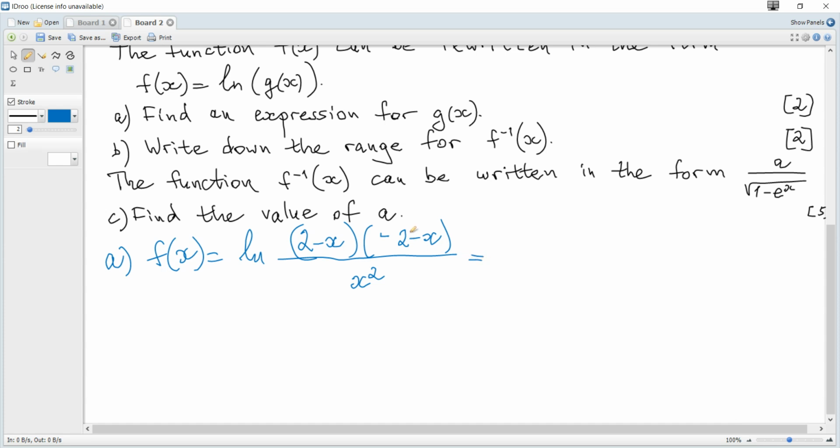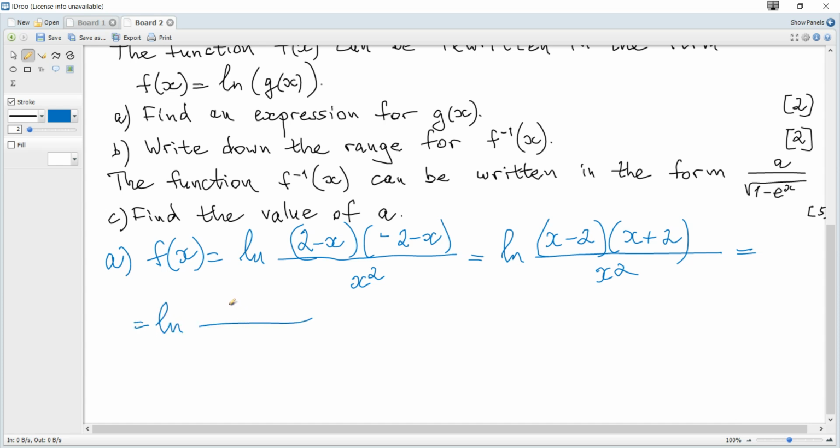We can factor out minus here and minus here to get ln of x minus 2 multiplied by x plus 2 over x squared, and it's the formula a minus b times a plus b, which is a squared minus b squared, so it's x squared minus 4 divided by x squared. So g of x is x squared minus 4 divided by x squared.